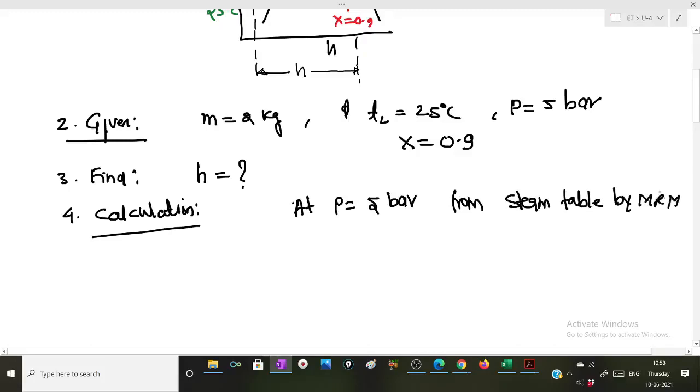What are the properties I will be taking into consideration? hf, if possible hfg, hg, and T saturation.